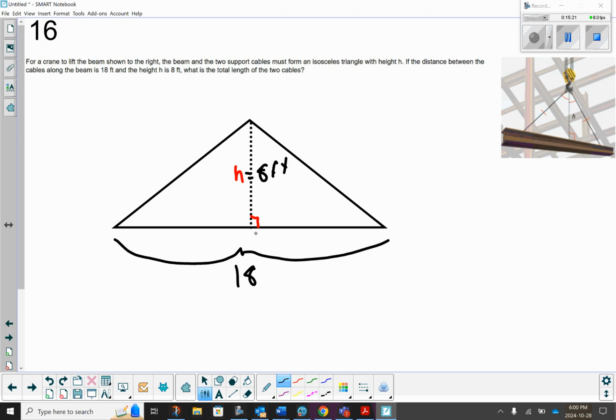Well, again, this height has to be an angle bisector. It's a multitasker. It's a perpendicular bisector. So that means this side is 9 and this side is 9. So now we're looking for the length of our hypotenuse. So we would write 8 squared plus 9 squared is equal to c squared.